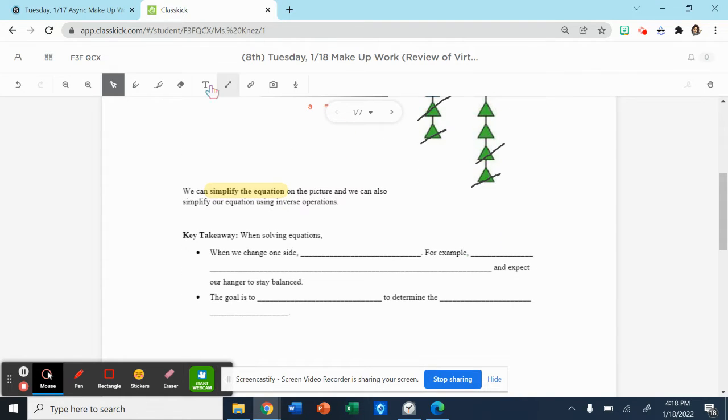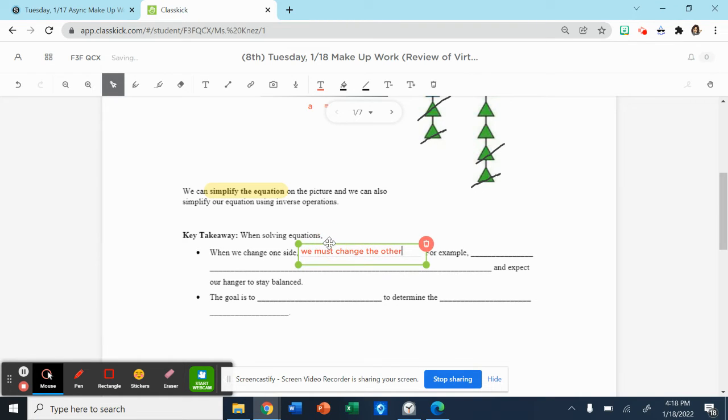The key takeaway here is that when we change one side of an equation, so if we do something to one side of an equation, as you've often heard me say, that means that we must change the other. And more specifically, we must change the other in the same way.